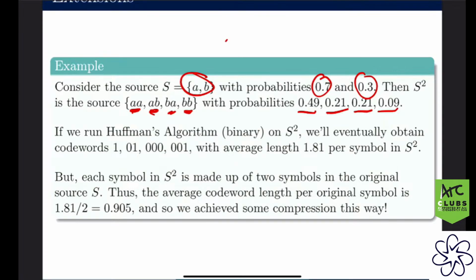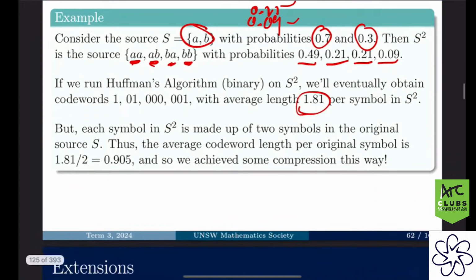If we run Huffman's algorithm on S2, so that would be like running it on 0.49, 0.21, 0.21, 0.09, we will see that the average length is 1.81, which is good. It's better than what we would have had if we were just putting one code word for each source symbol.